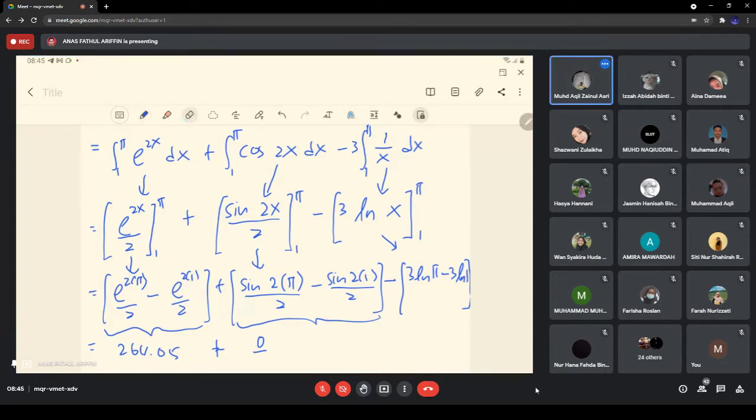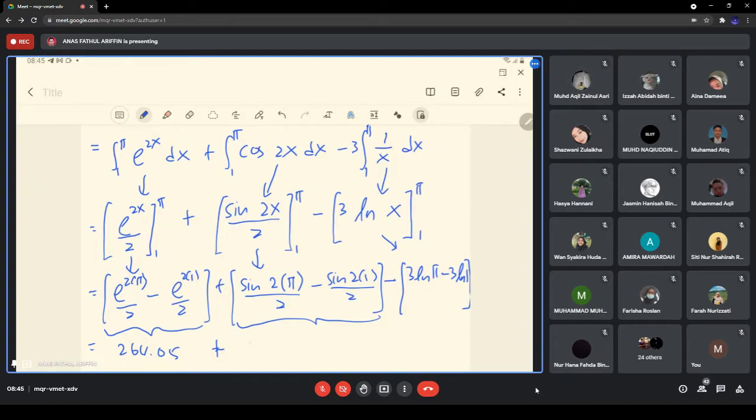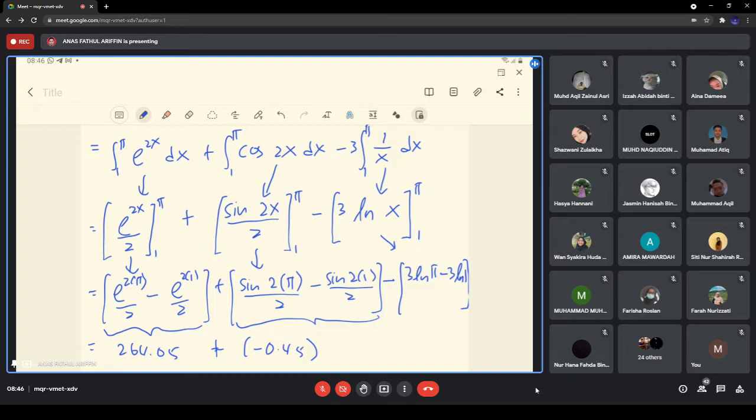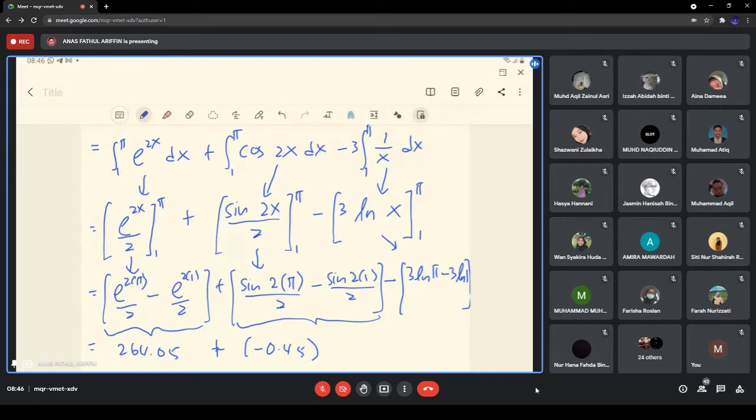So how do you get 264 for the E part? Okay, you get 264. If you use a Casio, what do you press for E? The exponential, the pink one. Press alpha, then press E. Then power 2 pi, and then divided by 2.